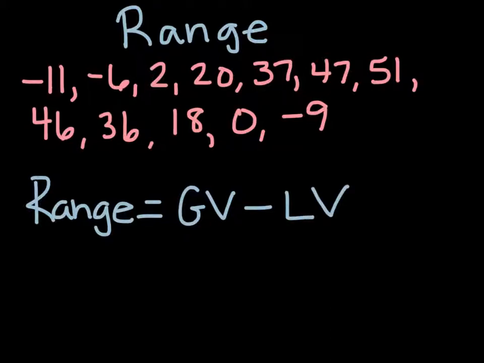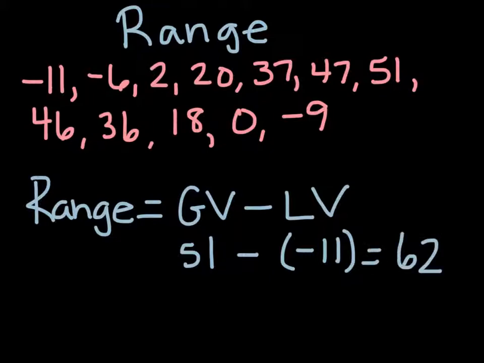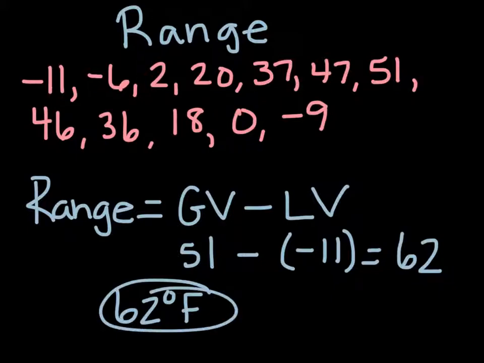The greatest value in our set is 51, and the least value in our set is negative 11. So now we simply subtract these two integers. 51 minus negative 11 gives us an answer of 62. So the range of our data set is 62 degrees Fahrenheit.